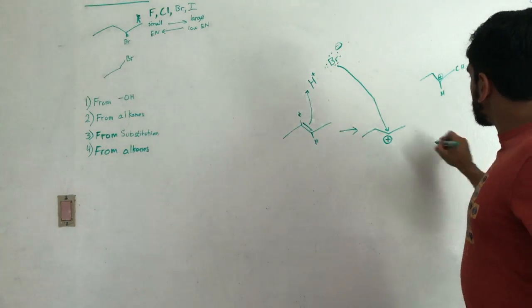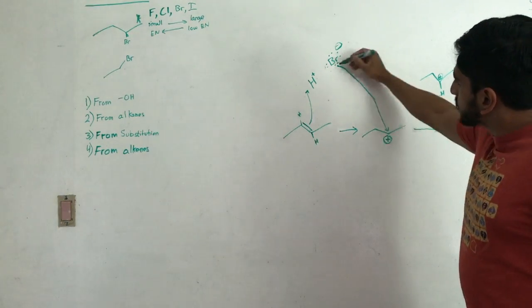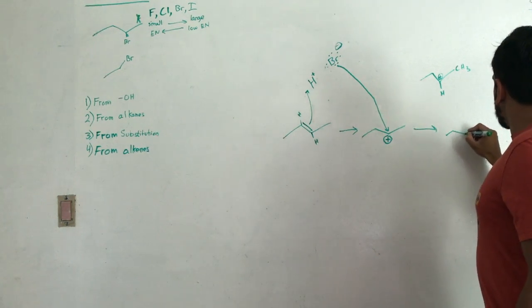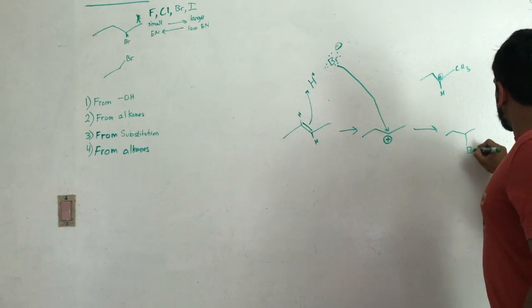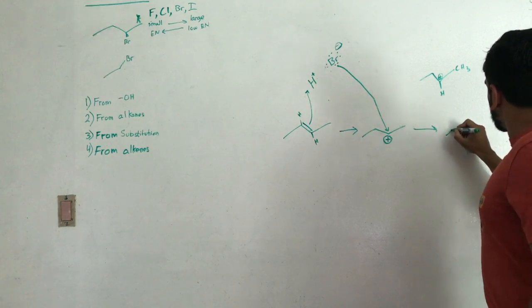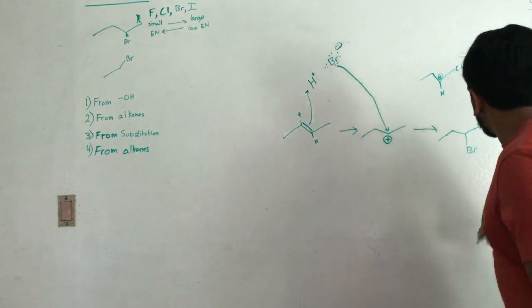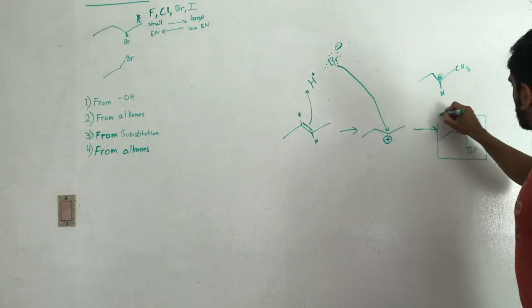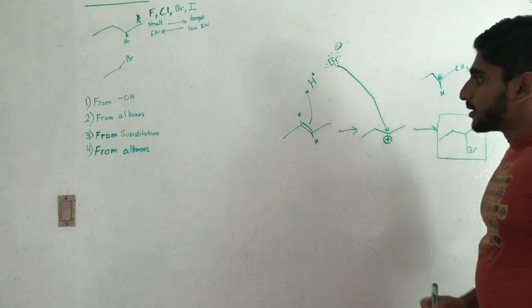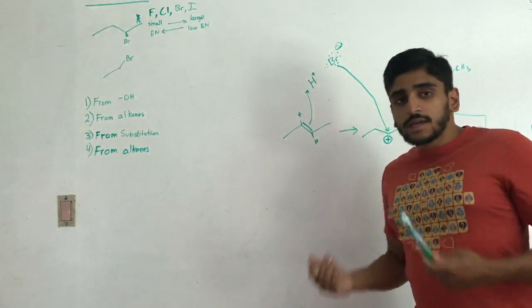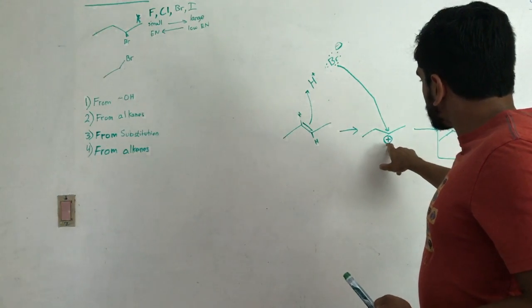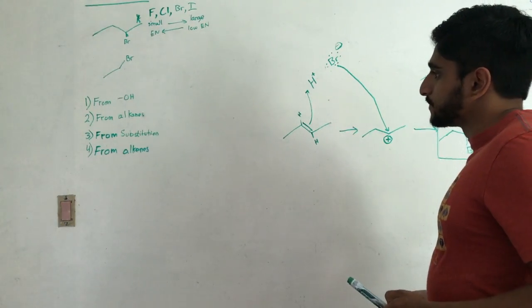So what happens is this bromine attacks this carbocation, and once again, we end up with our target haloalkane.